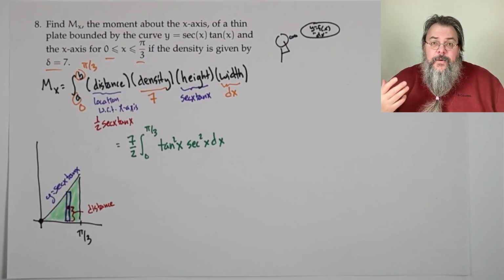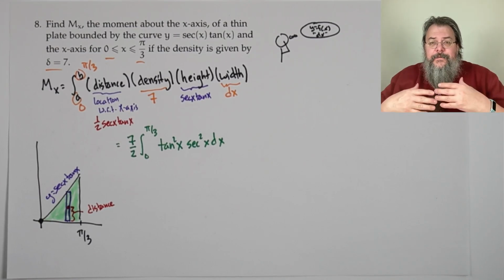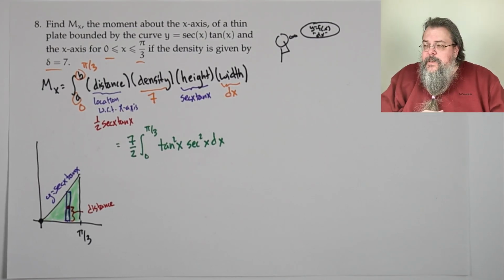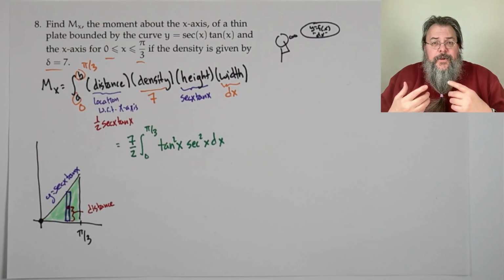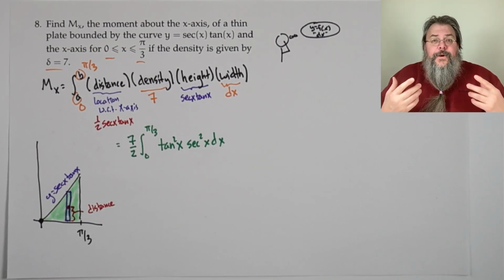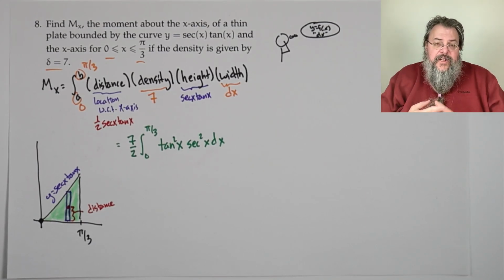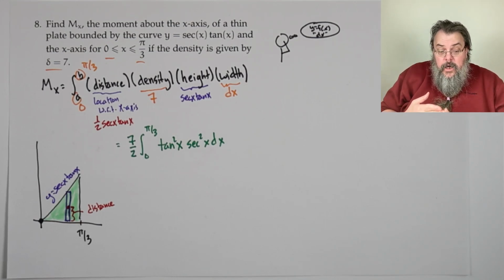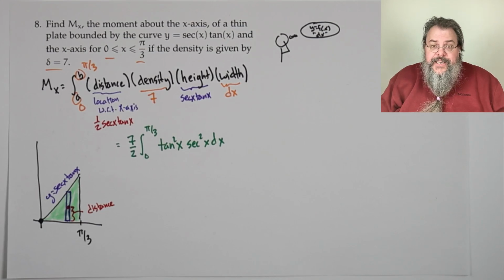Well, what happens is we think of our chain rule, which becomes substitution. And in substitution, we say, well, look for derivatives. Well, the derivative of secant is secant tangent. Derivative of tangent is secant squared.